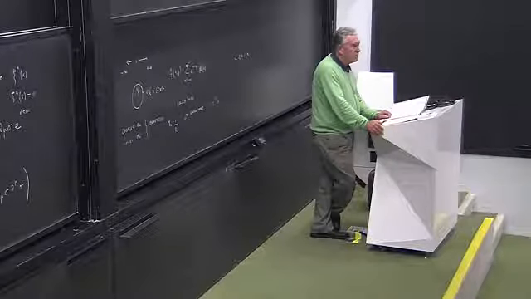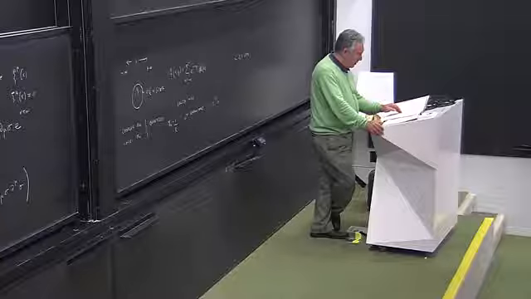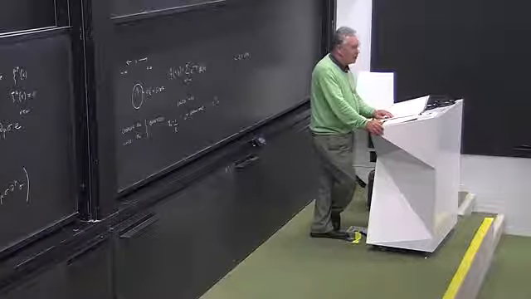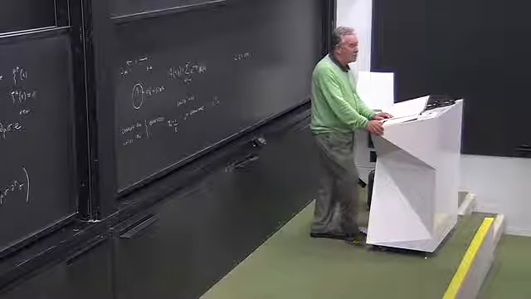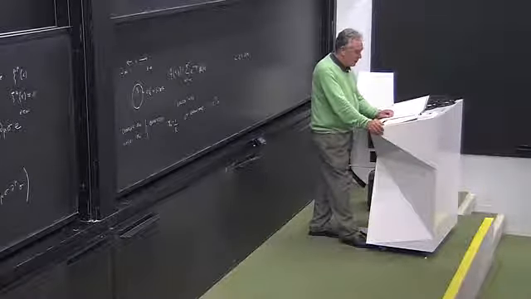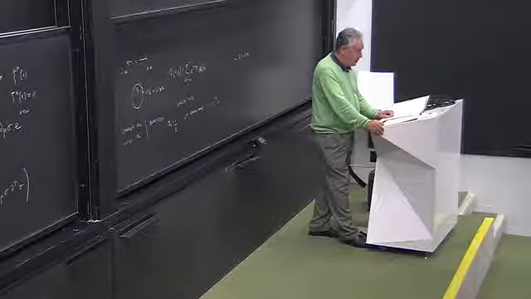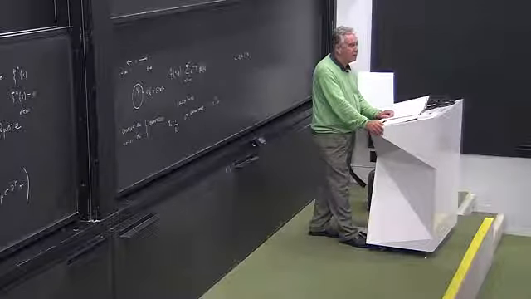You can get gauge fields, you can get chiral fermions, you can get Higgs bosons and all the rest of it. But the problem is there are millions of ways of compactifying the 7 dimensions of M theory. And we don't know which, if any of them, is the right one. And we haven't even tabulated them all. So the right one may be one that we haven't found yet.